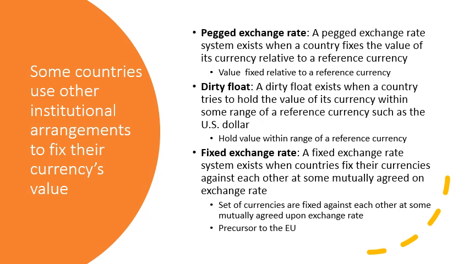This, for example, means that $1 should be equal to 100 Pakistani rupees. This means that the government or the institutions within the country are pledging or fixing the exchange rate of one currency with reference to the other currency.